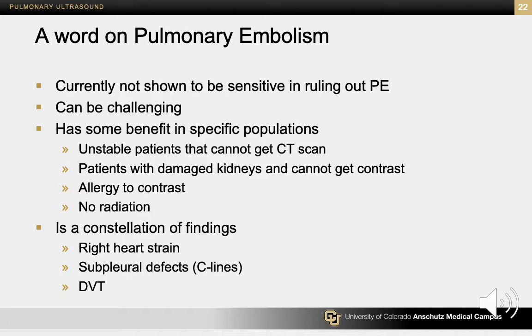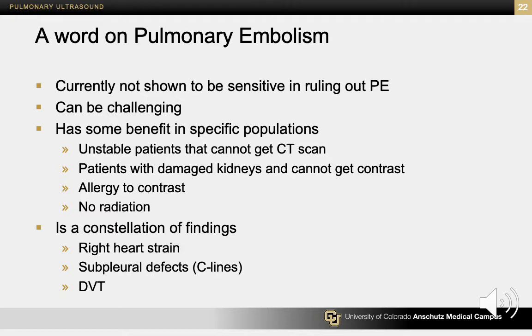You can do nuclear medicine studies, which can give you a VQ mismatch, which is indicative of pulmonary embolism, but doesn't show you exactly where the embolism is. And as I mentioned earlier, it's a constellation of findings. You can see some right heart strain on ultrasound.